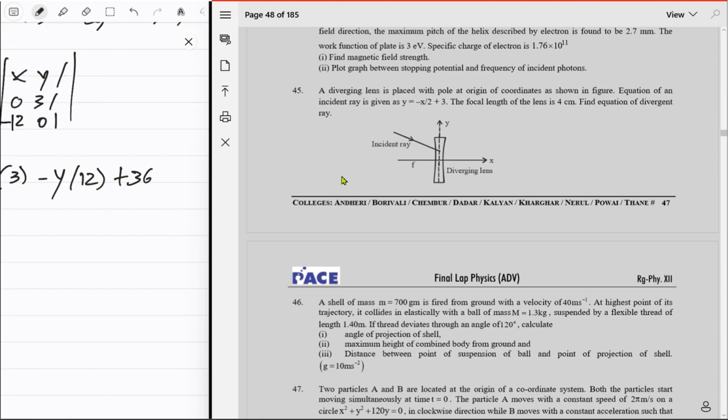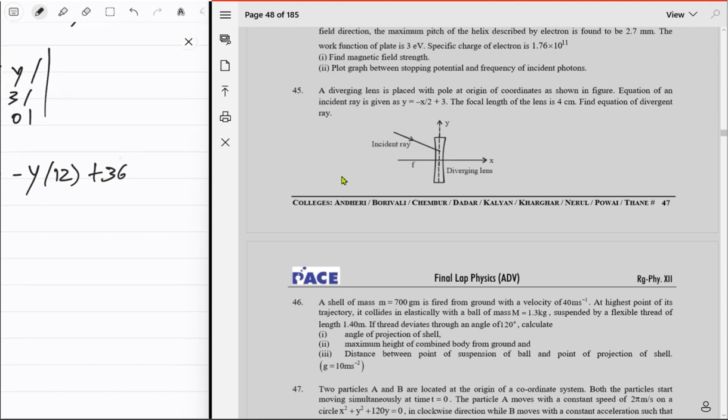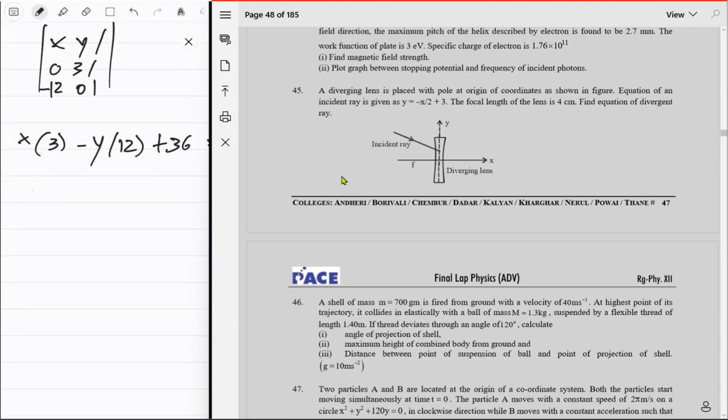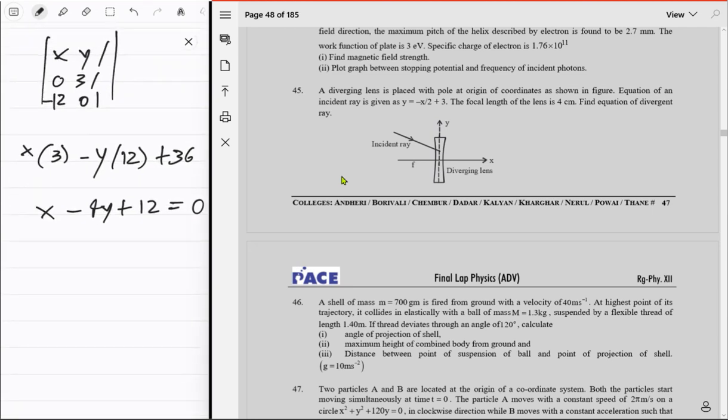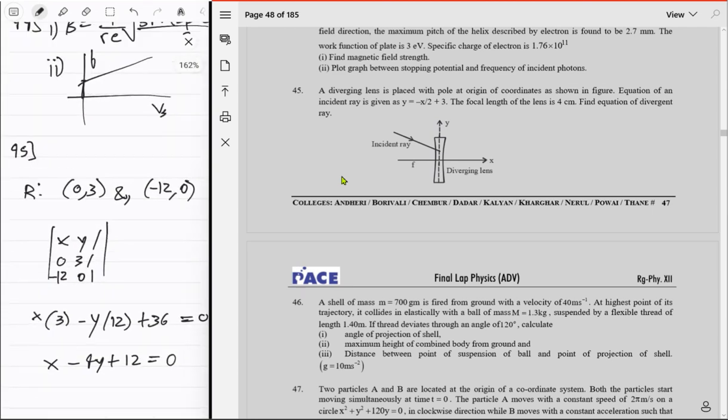Is that correct? 0 36 equal to 0, sorted. Divide by 3, that's what you get: x minus 4y plus 12 is equal to 0. Yeah, so that's our answer.